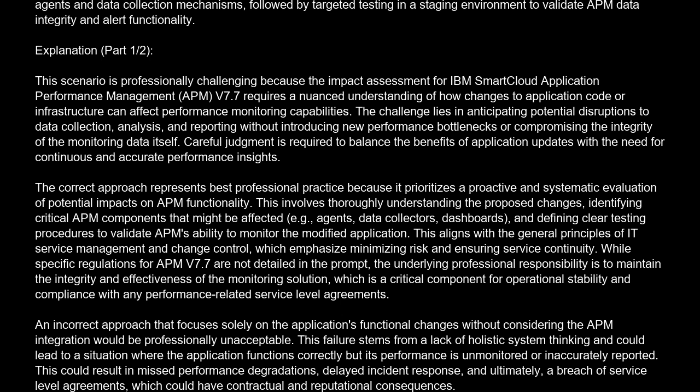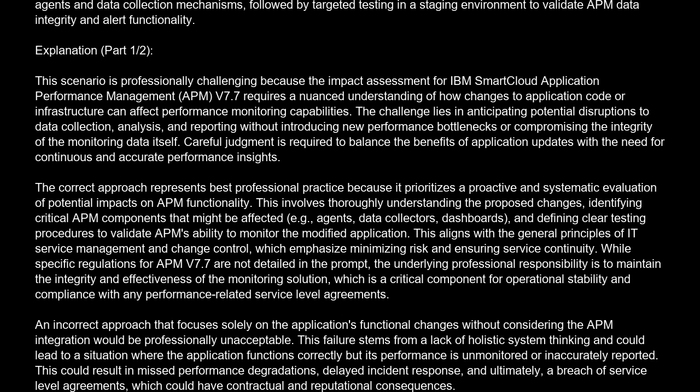This aligns with the general principles of IT service management and change control, which emphasize minimizing risk and ensuring service continuity. While specific regulations for APM v7 are not detailed in the prompt, the underlying professional responsibility is to maintain the integrity and effectiveness of the monitoring solution, which is a critical component for operational stability and compliance with any performance-related service-level agreements.